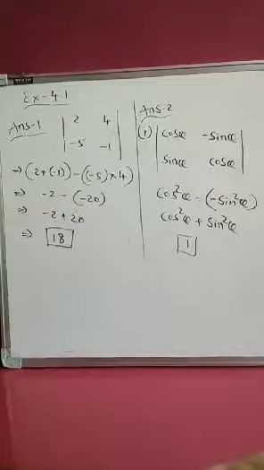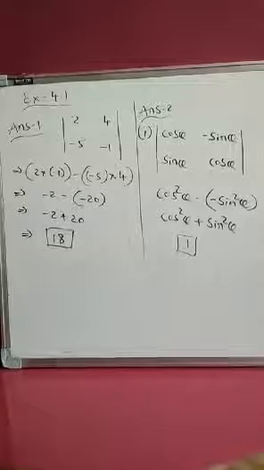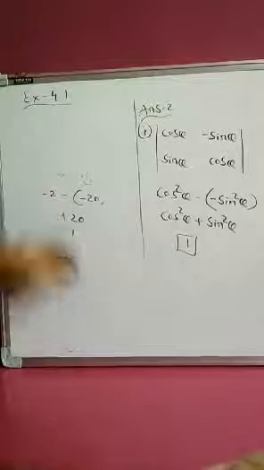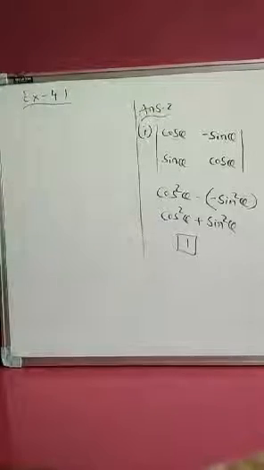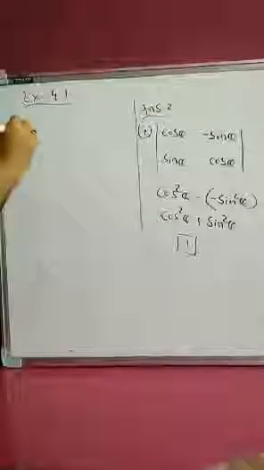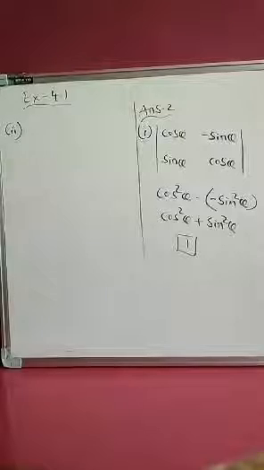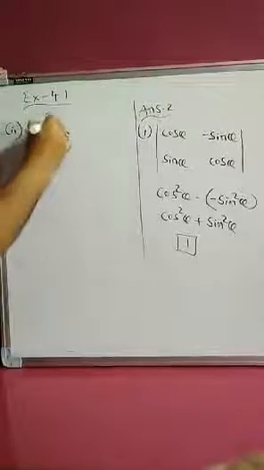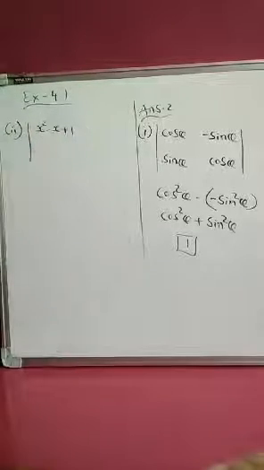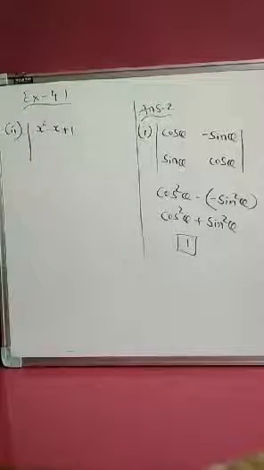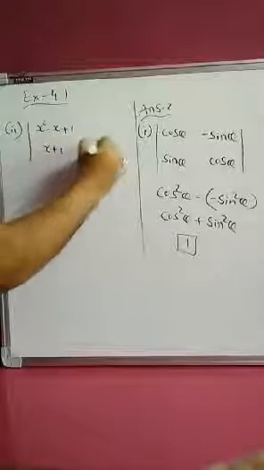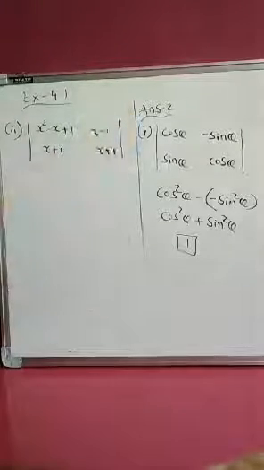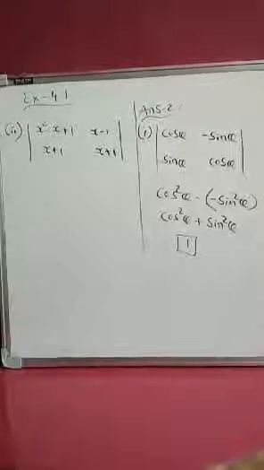Now in our second question, we have to find the value of the determinant with x square minus x plus 1, x plus 1, x plus 1, x minus 1.